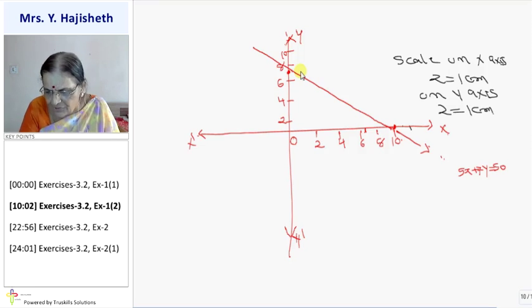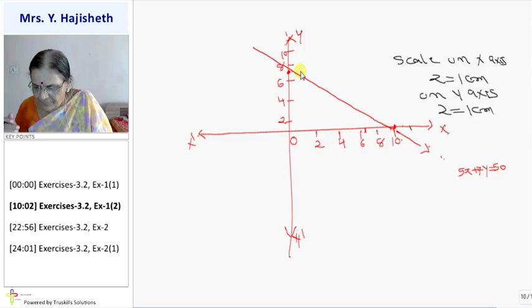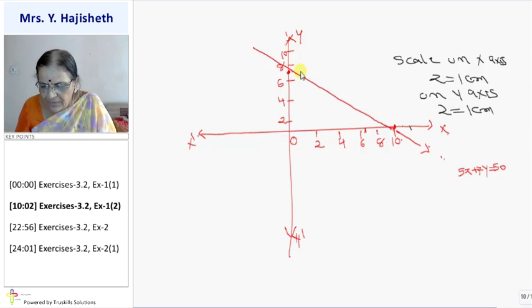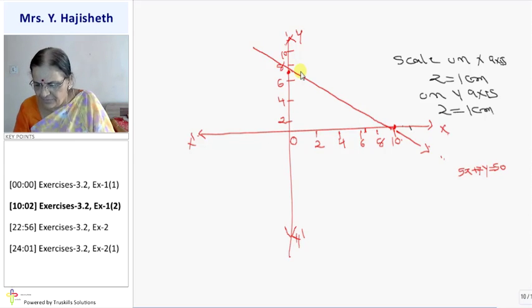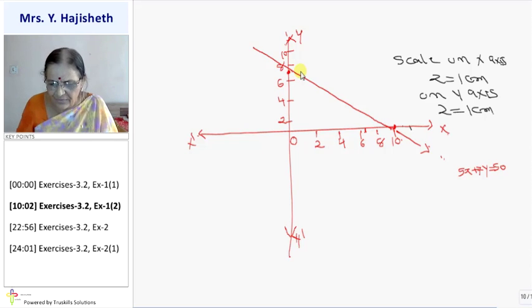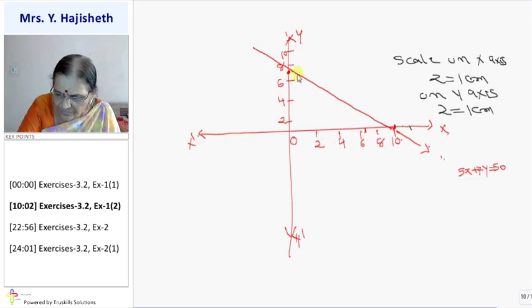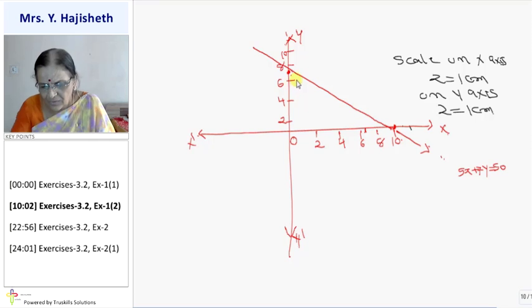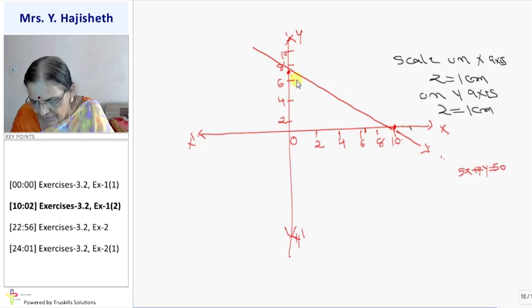The points are 10, 0 and 0, 46 by 5, and another is very near to this, somewhere like this, a little towards the bottom. So I can join them like this.